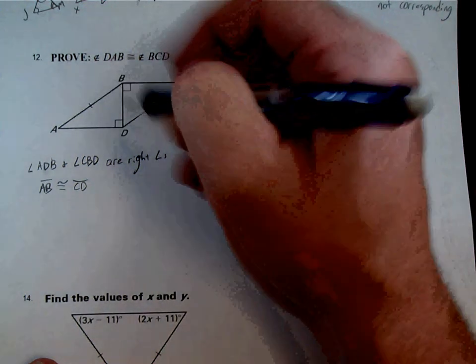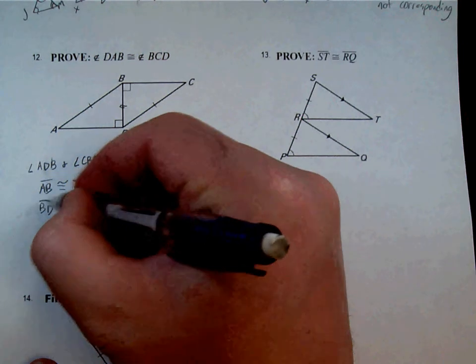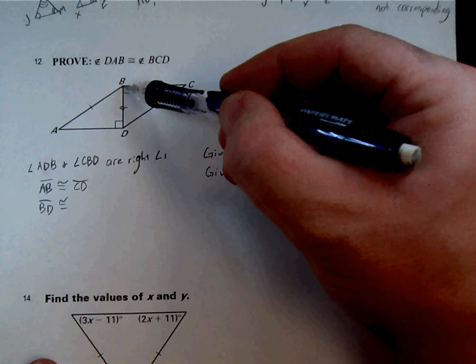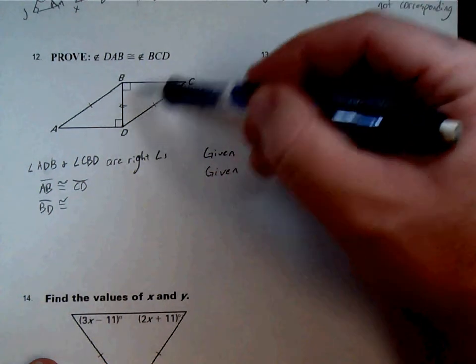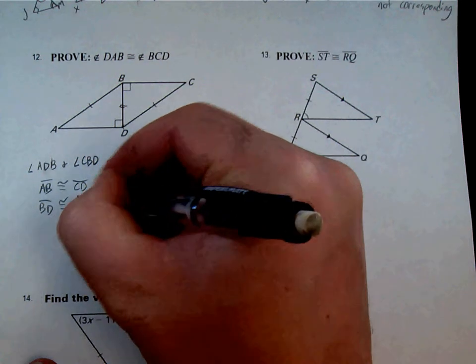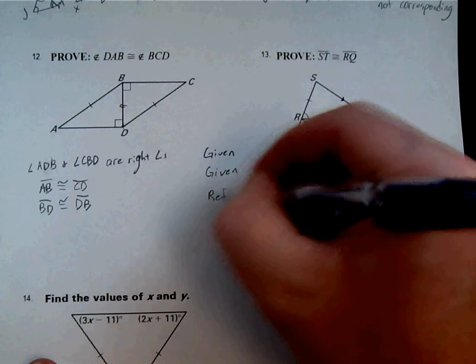I have another congruency. They share this side. BD over here that started at the non-right angle and finished at the right angle. So if I look at this triangle, I'm actually going to reverse the order and go to DB just to make them corresponding. It's the same thing. But that would be a reflexive property.